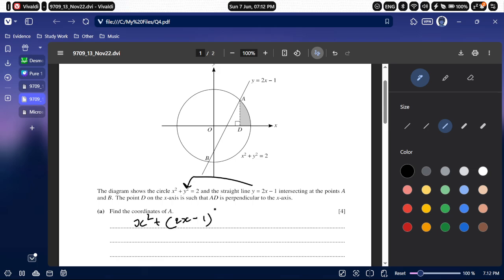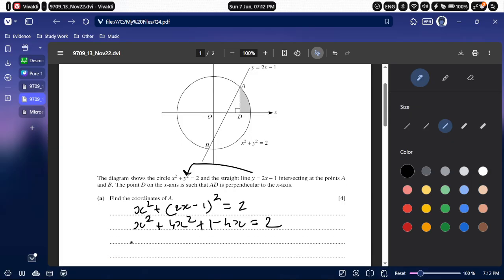So you just get a quadratic, and it's pretty simple so far. So x squared plus 4x squared plus 1 minus 4x is 2. Then you get 5x squared minus 4x. Then you do 1 minus 2, so minus 1 is 0. Just use your calci.